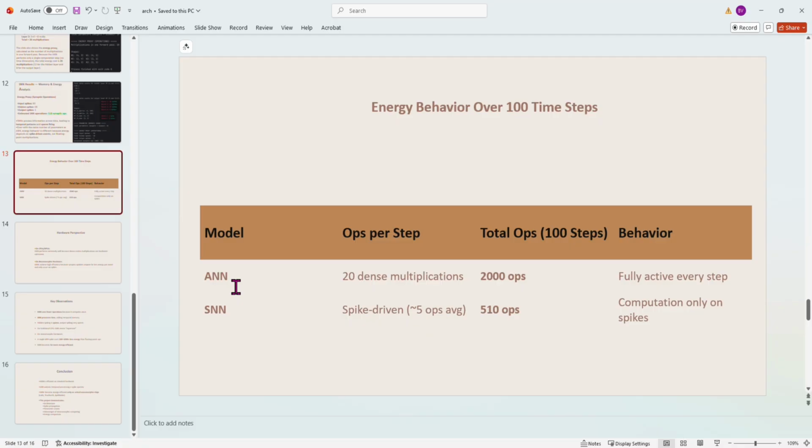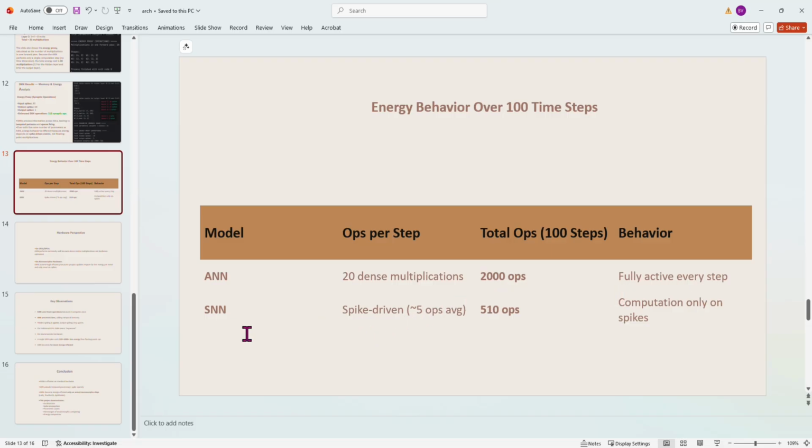So just to make the comparison quite equal, we're going to compare ANN over 100 time steps, same as SNN. If 20 multiplications happened over one time step, over 100 time steps it's going to have 2000 multiplications, which is fully active at each time step.